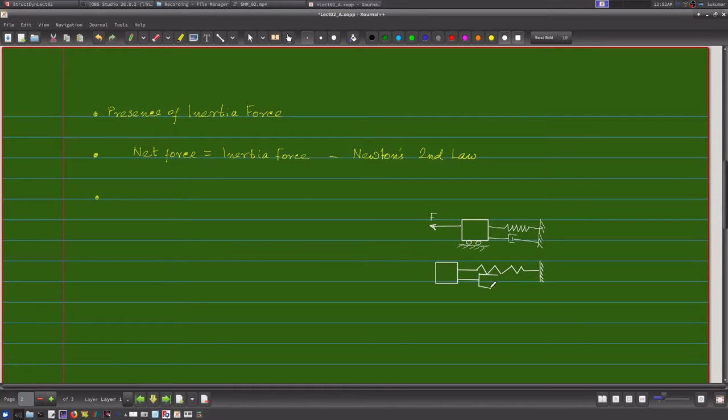Say this is my cylinder and this is my piston. Now the piston has moved compared to the position at rest.